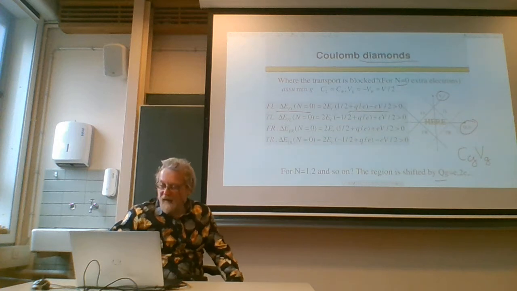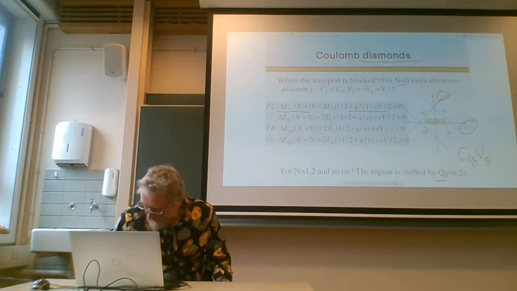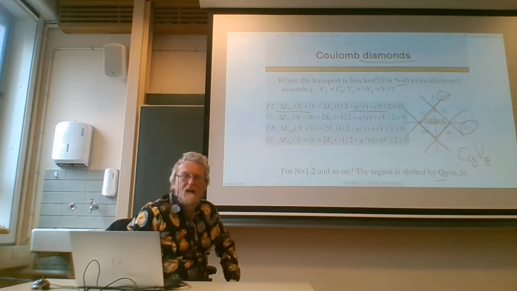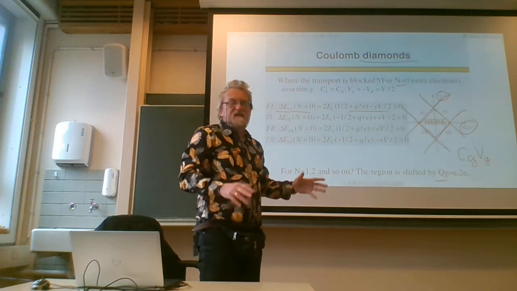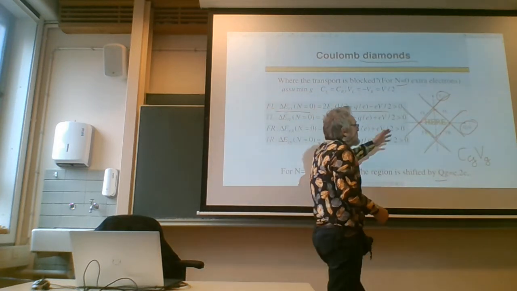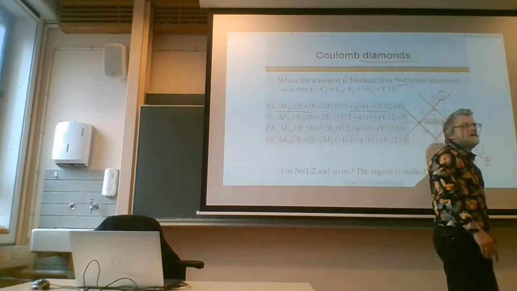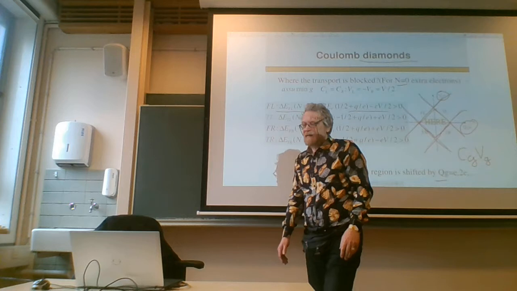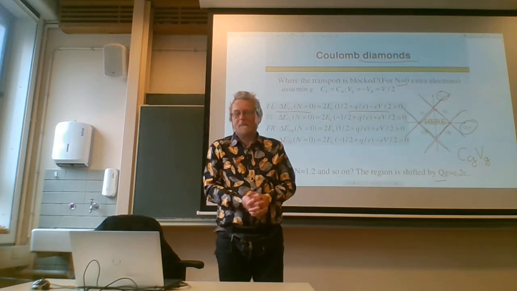I have 4 lines for different transfers. And I create a room, a diamond in this plane. Right? So in this region of voltage, gate voltage plane, we expect no electron transfers, Coulomb blockade. Fine.